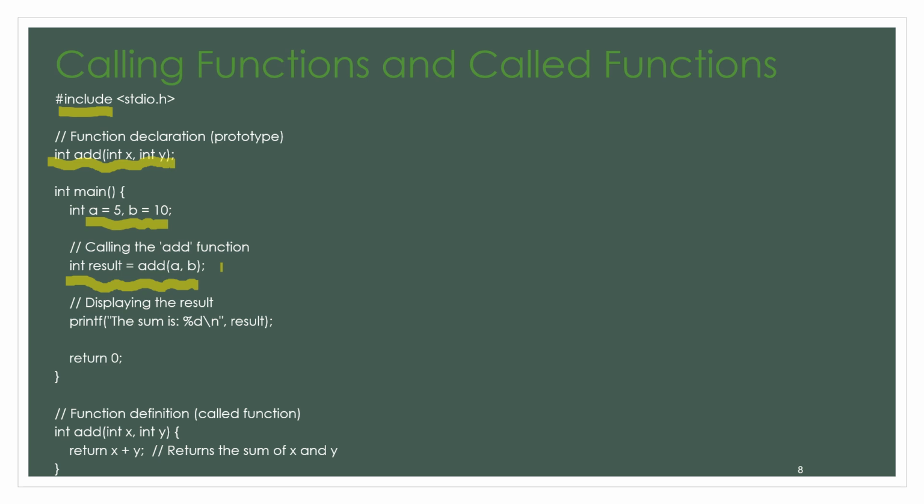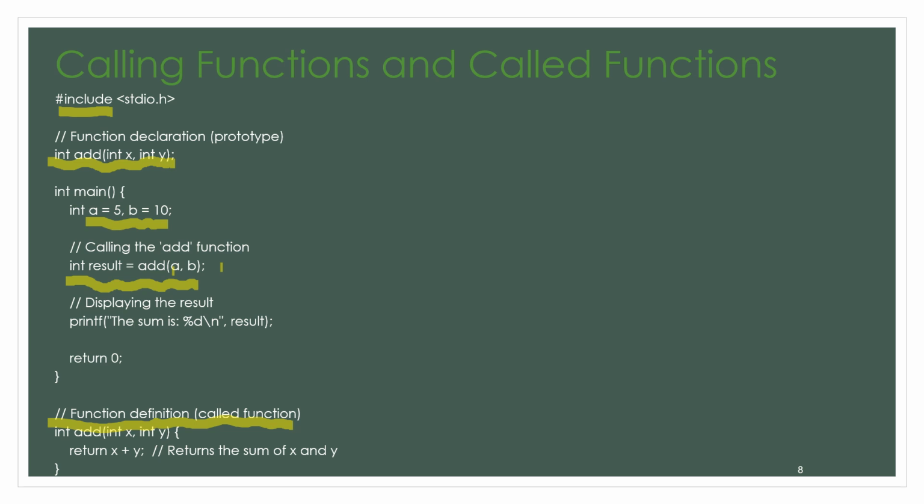the program execution goes here, that is the function definition, the called function. So here we pass the values. For example, here a, b, the values are 5 and 10. Those are the arguments or actual parameters that are passed to the function definition.